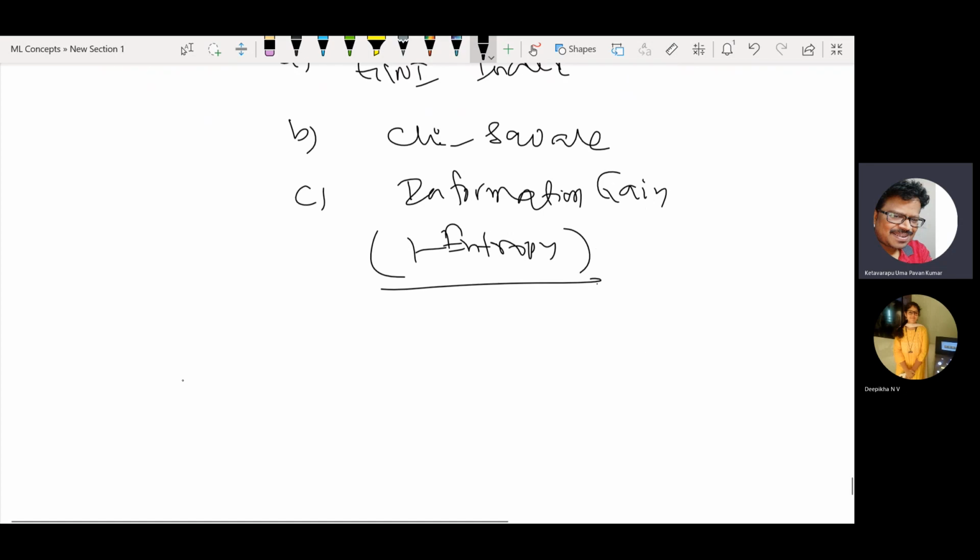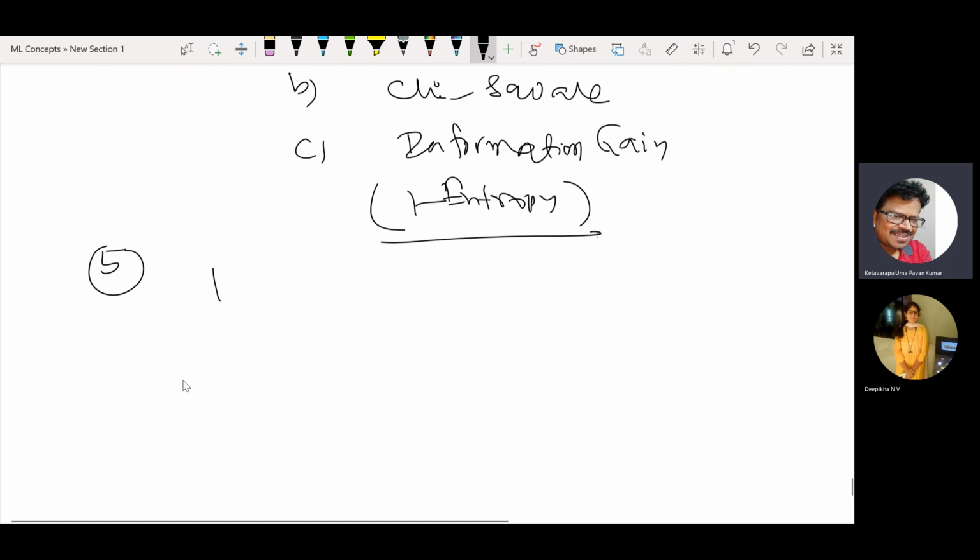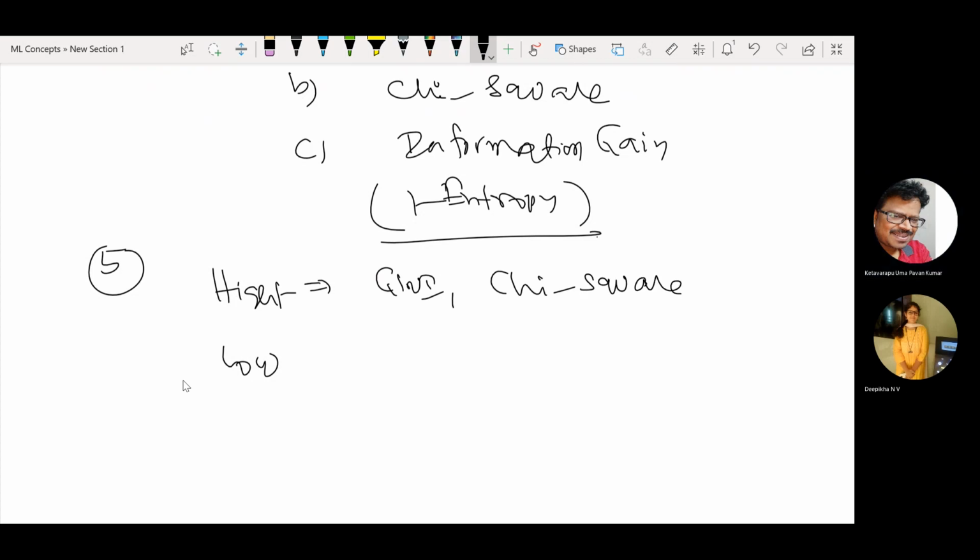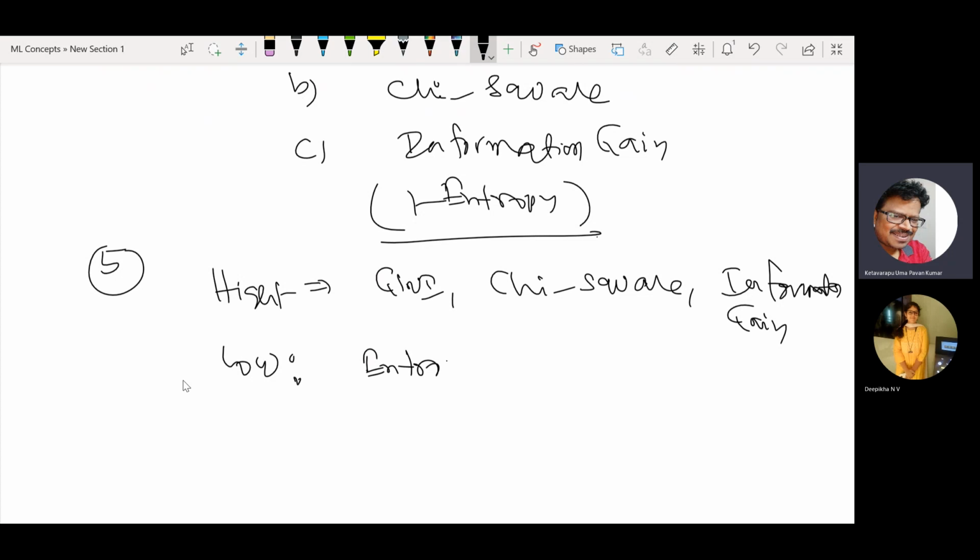Thereafter, we observed the high values and low values. Gini must be high, your chi-square must be high, and your information gain must be high, whereas your entropy must be low. Out of these four parameters, only entropy must be low.